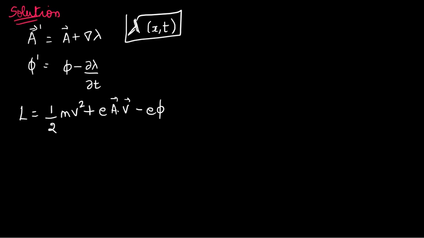Instead of A, I'm going to use my new transformed potentials, A prime and phi prime. So this will become L prime because I'm going to change it to the new terms.